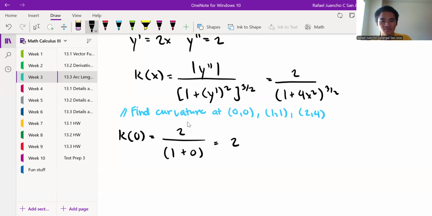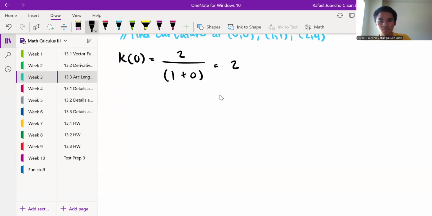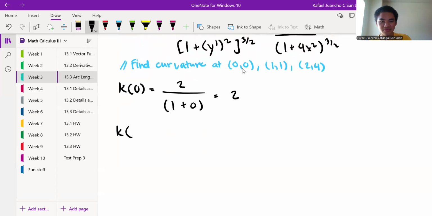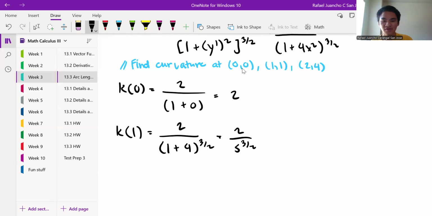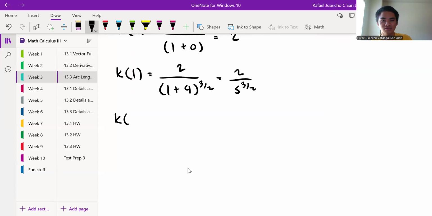So I get 2. So my curvature is 2. So here I honestly just need the x-coordinate. I plug in my 1. I get 2 over 1 plus 4. So 5. So it's actually just 2 over 5 to the power of 3 halves. And lastly, I get 2.